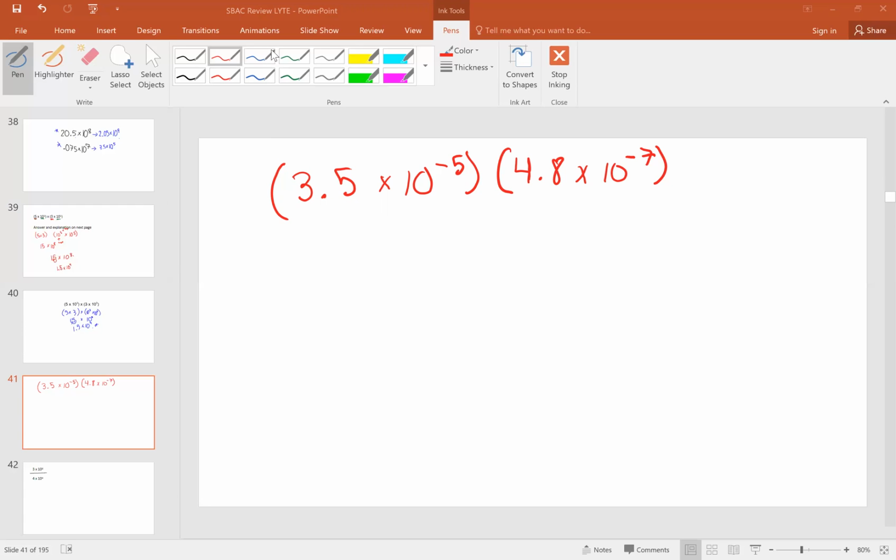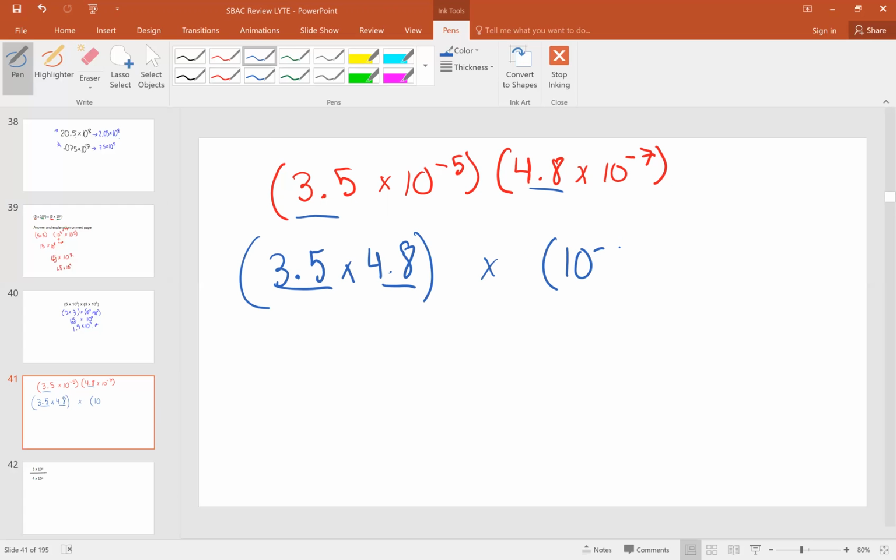So if I have 3.5 and 4.8, I'm going to do 3.5 times 4.8 as one part. And then I'm going to do times 10 to the negative 5th, that's 10 to the negative 7th as the other part. Two parts of the problem. And then I'm going to get my calculator out.